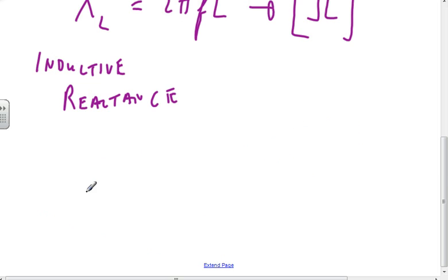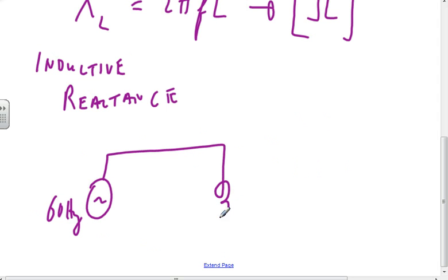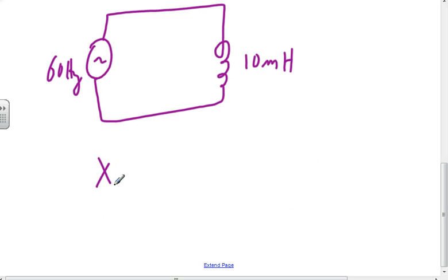So I've got a 60 hertz signal, and I've got an inductor there, and it's 10 millihenry, and I have some inductive reactance.